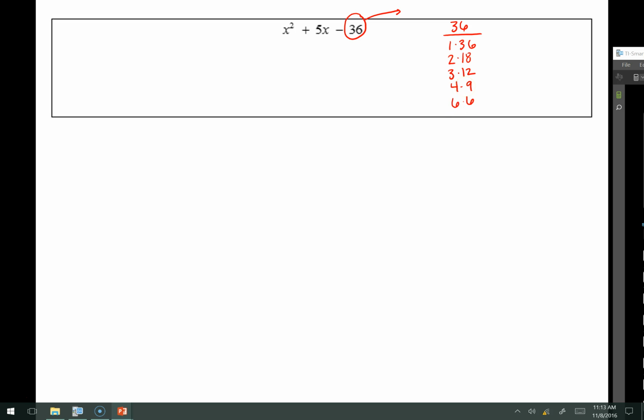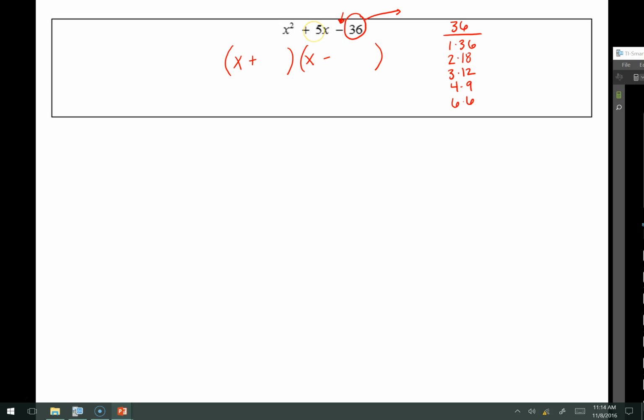So all of those multiply together to get 36. When I write my two factors here to get the x squared, that's just going to be x times x. Now I need to choose the sign that goes here so that I know which one of these from my list to pick. Because this is a minus sign, that means in my factors I'm going to have opposite signs, or different signs, one positive and one negative.